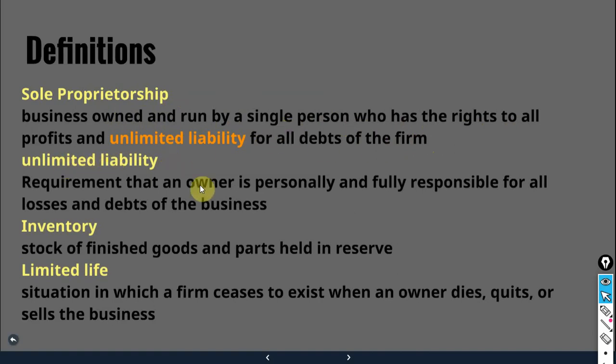Unlimited liability means a requirement that an owner is personally and fully responsible for all losses and debt of the business. Inventory is a stock of finished goods and parts held in reserve. Limited life is a situation in which a firm ceases to exist when an owner dies, quits, or sells the business.